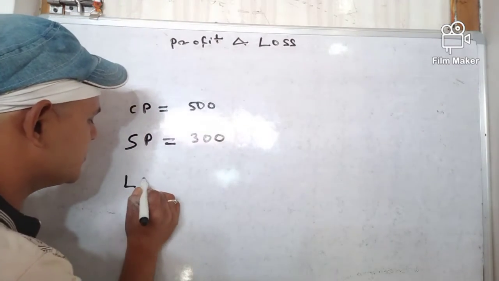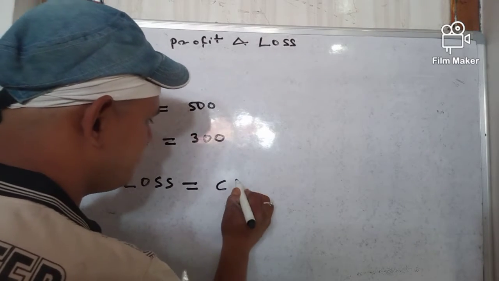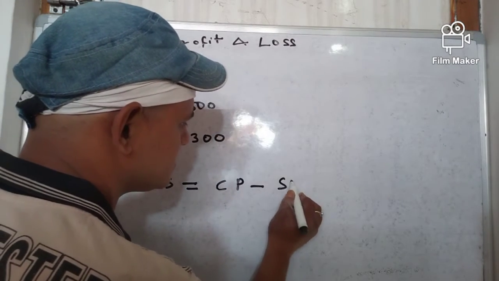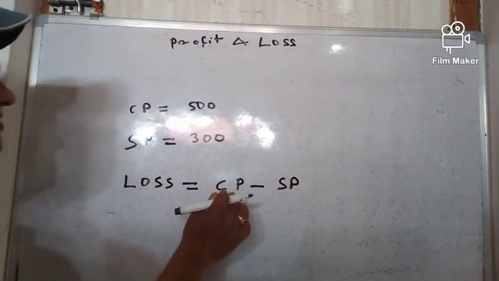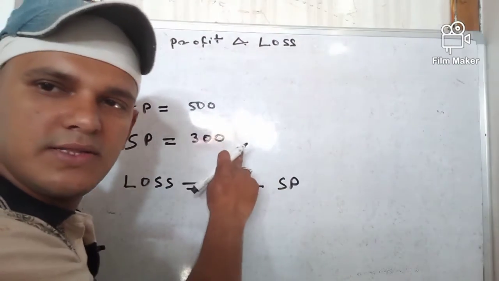Loss equals CP minus SP. CP is 500 and SP is 300.